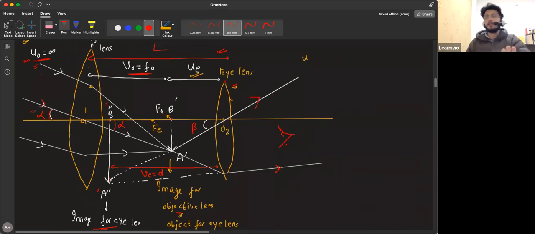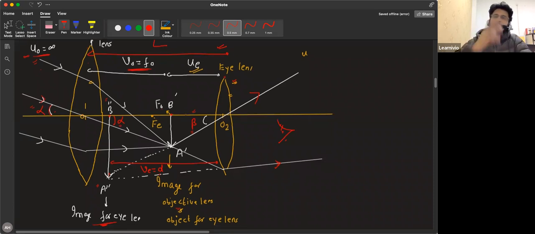This is the angle subtended by your object, which is at infinity, on the objective lens. If this is alpha, then this is also alpha because these are vertically opposite angles. And this beta is the angle which your image, A double prime, B double prime, subtends at the eye. So magnification is just the ratio of these two angles, beta by alpha.